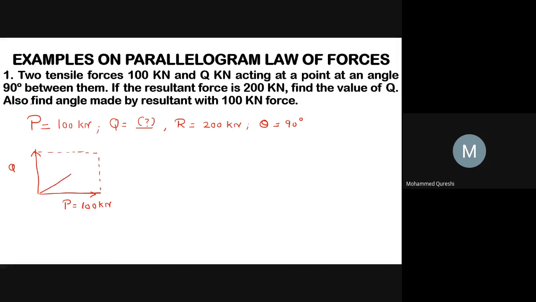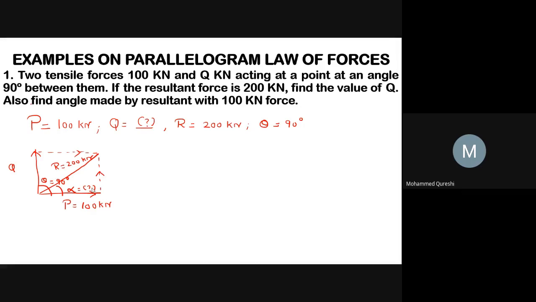Then the resultant between these two forces is given as capital R equals 200 kilonewton. And the angle between both the forces, that is theta, is given as 90 degree. And we have to find the value of alpha.